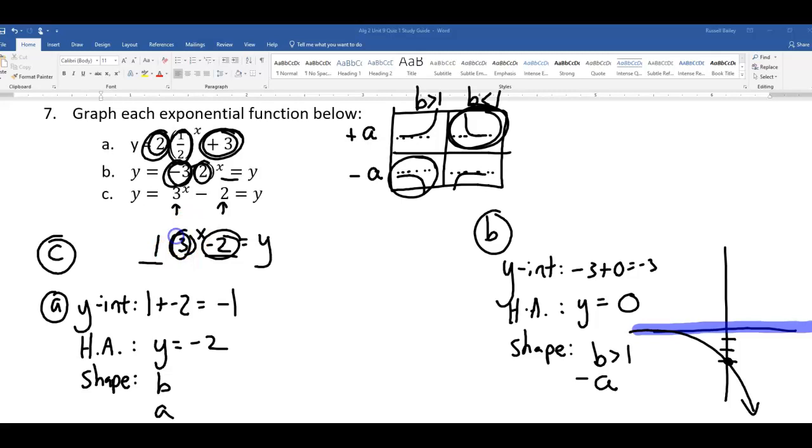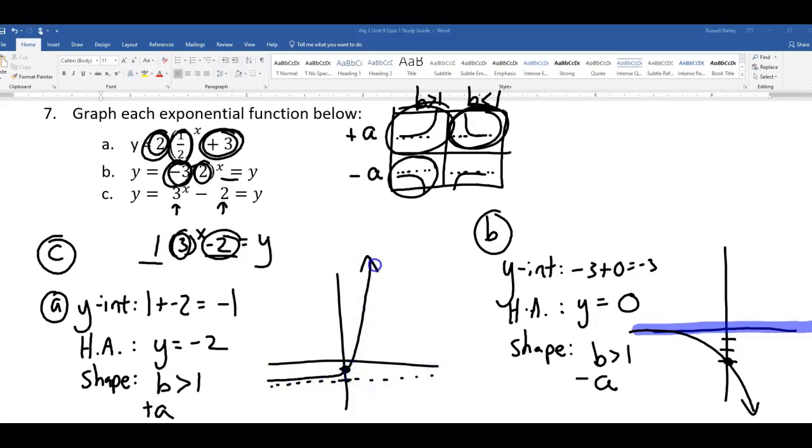In this case, my b value is greater than 1, and my a value is positive. And when that happens, our shape looks like that. So let's put all that together. My y-intercept is -1. My horizontal asymptote is -2. And the shape is the top left shape. You guys have it.